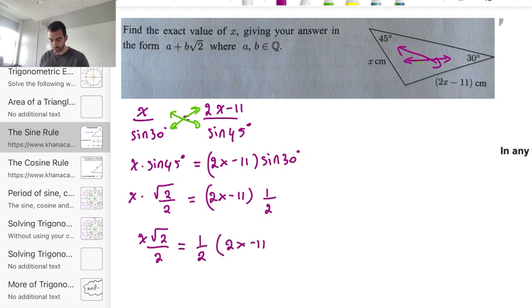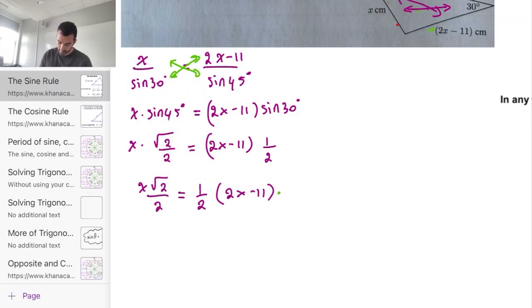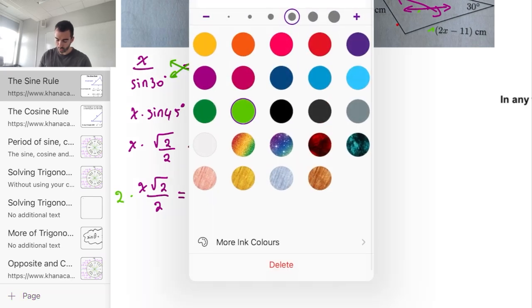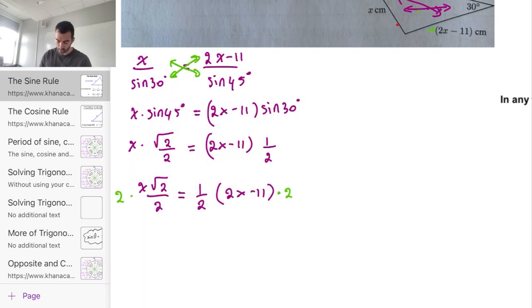Now I can easily get rid of those 2's. Basically, what I can do is multiply both sides by 2, which means that those 2's are crossed out. So I have x root 2 is equal to 2x minus 11.